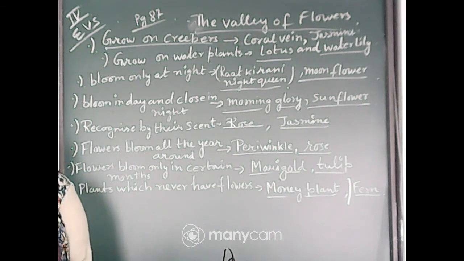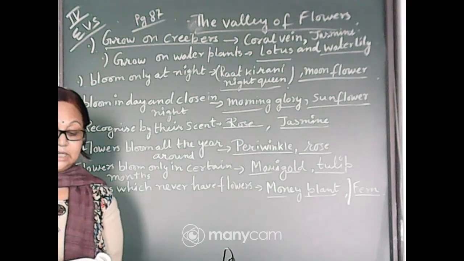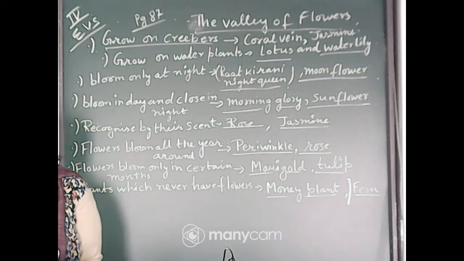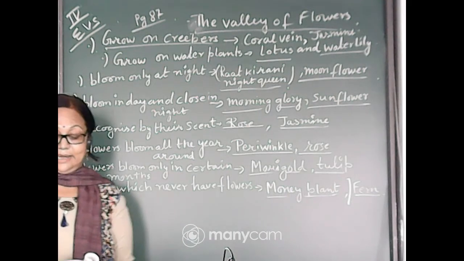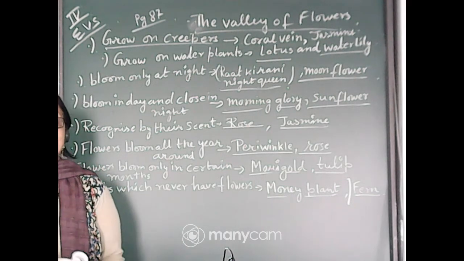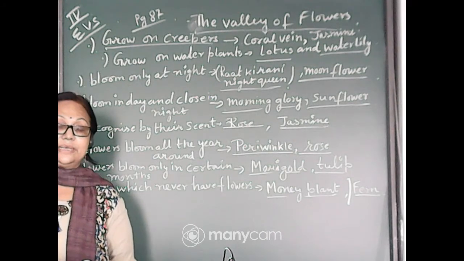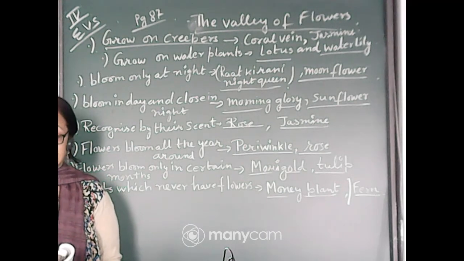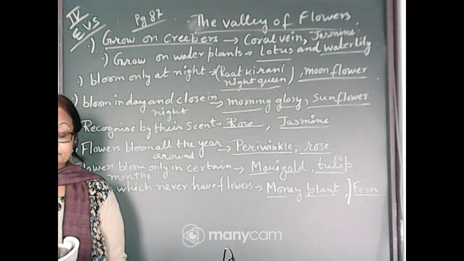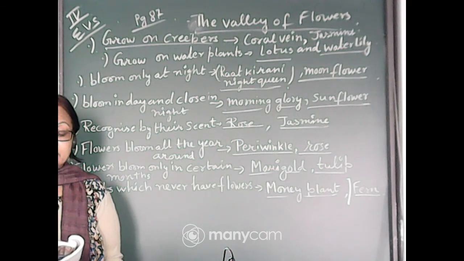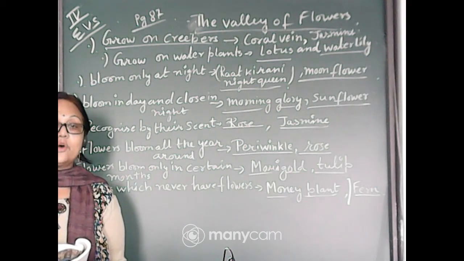Now the third one is bloom only at night. So which flowers bloom only at night? That is Raat Ki Rani, which in English is said night queen, and the next flower's name is moonflower.